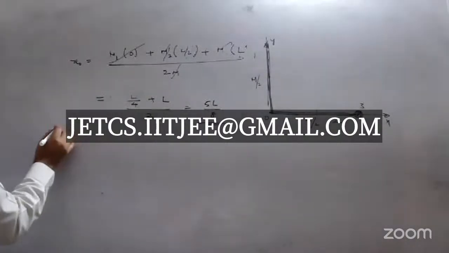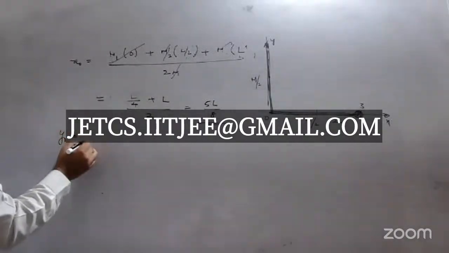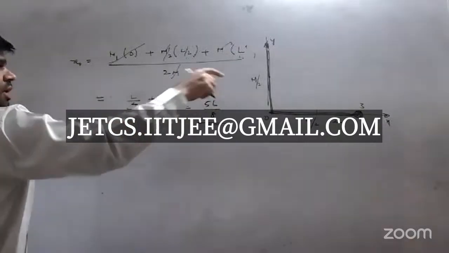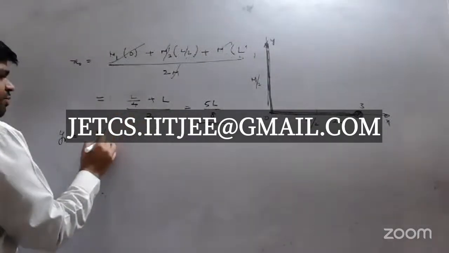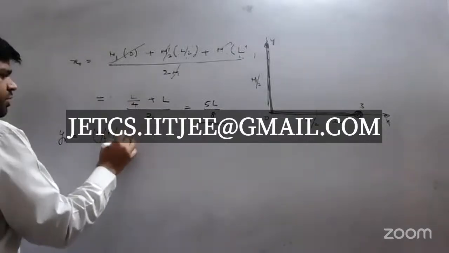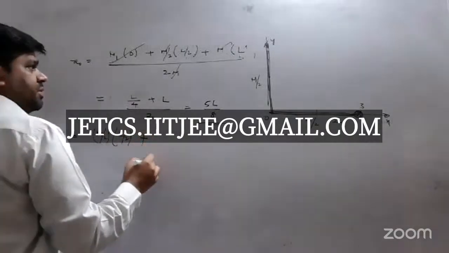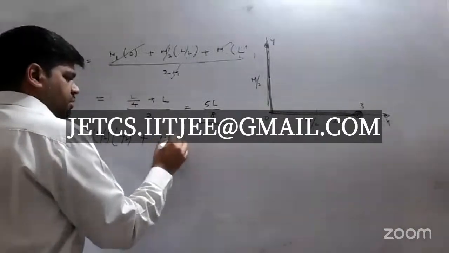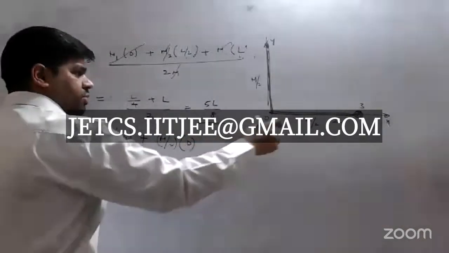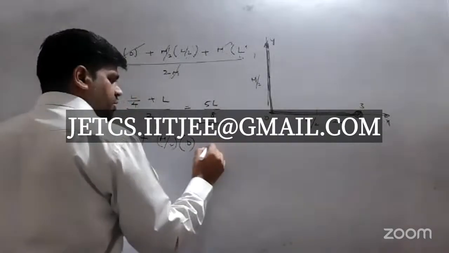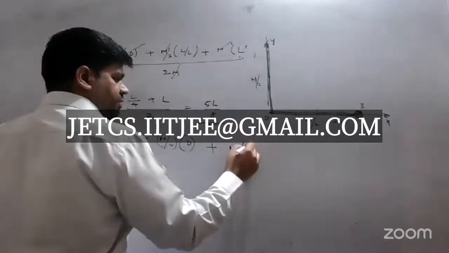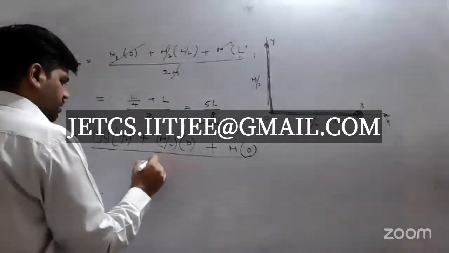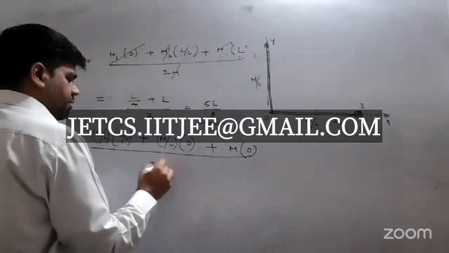Now let's see the y coordinate. y0 is equal to m1 into L by 2, which is m by 2 into L by 2, plus m by 2 times 0, because the y coordinate of this is 0, plus the y coordinate of this is also 0, divided by total mass 2m.